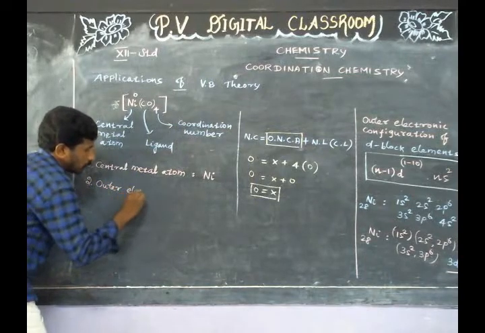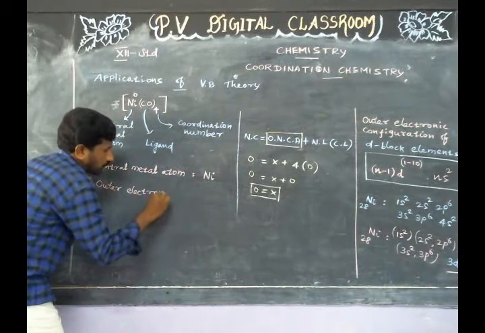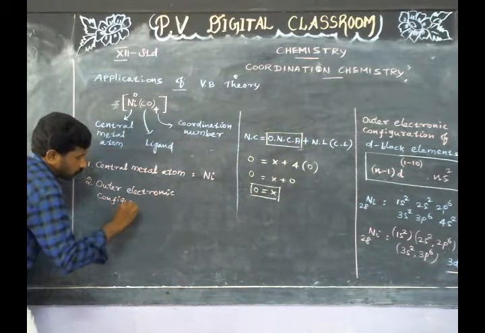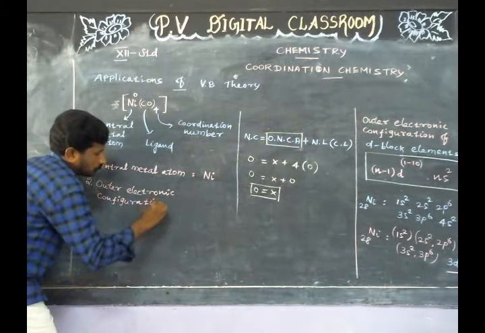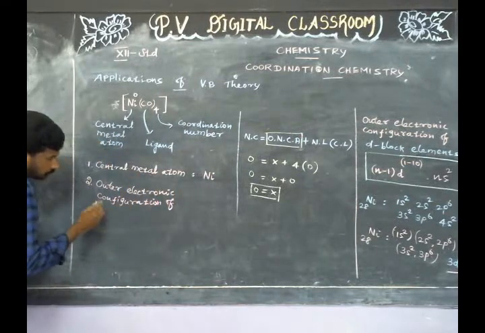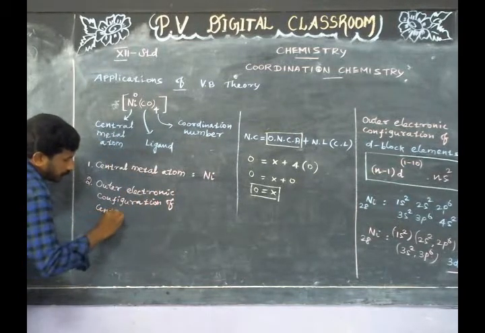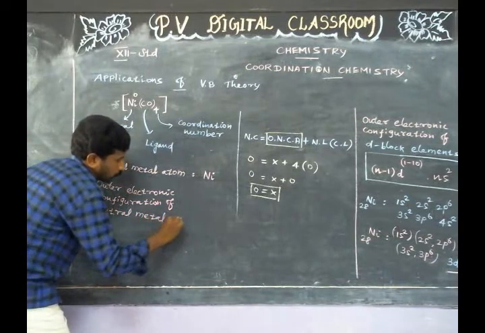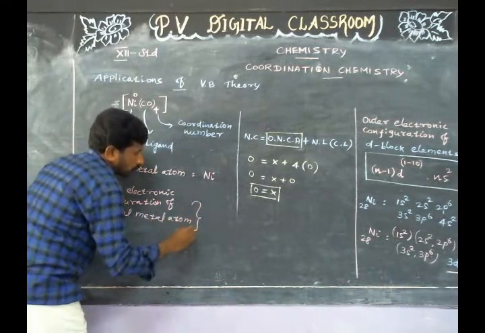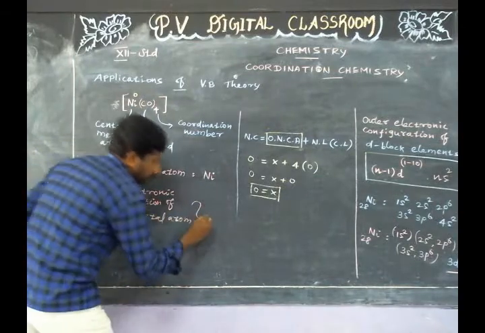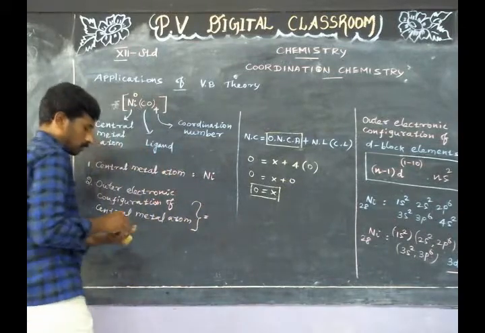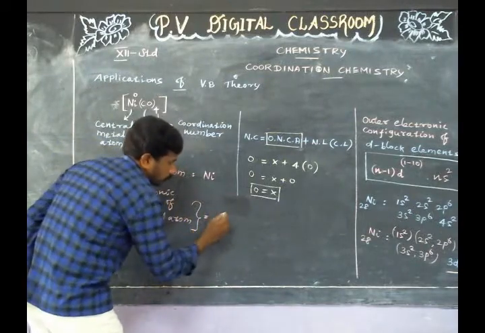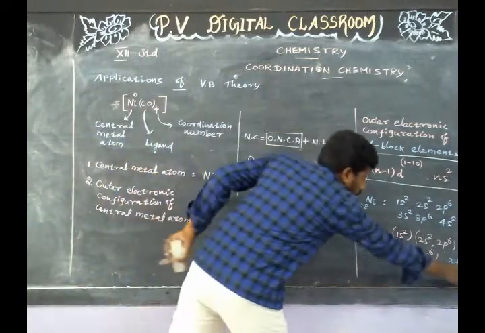Second, the outer electronic configuration of the central metal atom is equal to 3d8, 4s2.